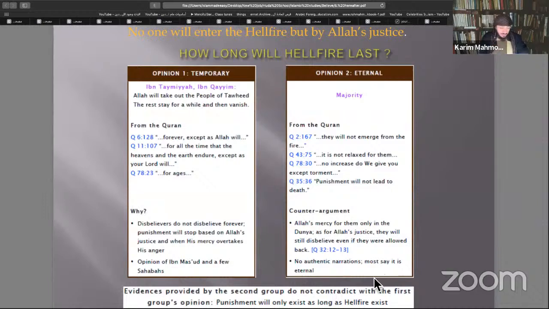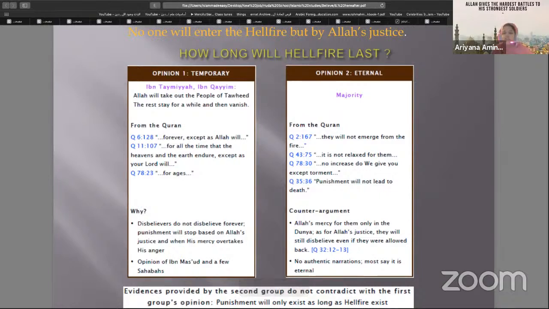Let me ask you another question. The people who were in hellfire, why are they in hellfire forever? Didn't they only do bad stuff for like 50 years or 40 years or 20 years? Why in the hellfire forever? Because they are disbelievers.